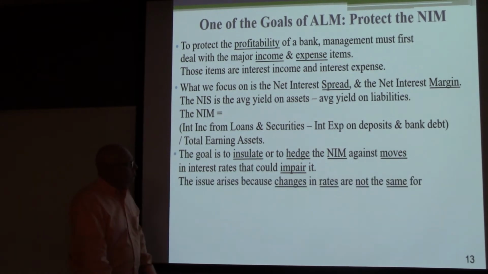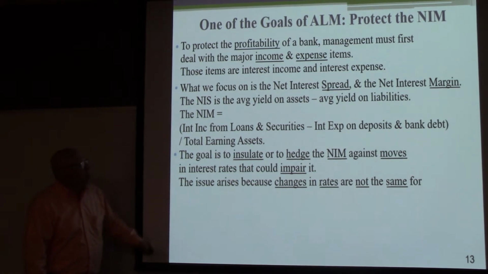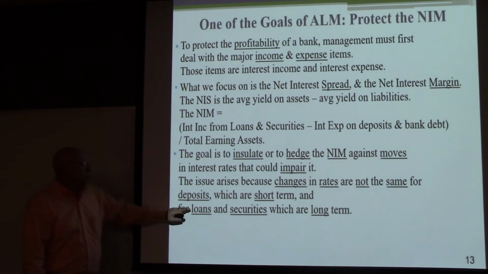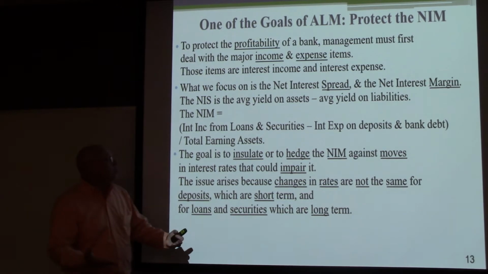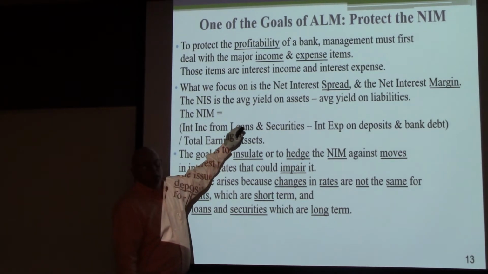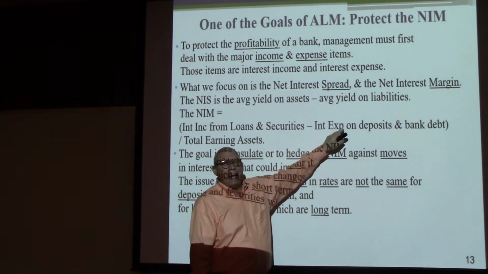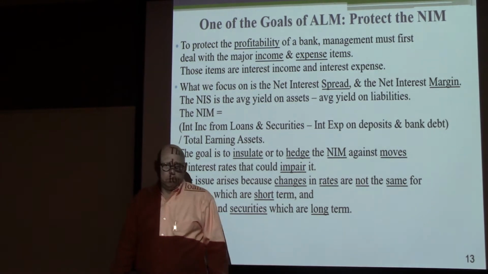All right. So the issue arises because changes in interest rates are not the same for deposits, which are short-term, and for loans and securities, which are long-term. So often, when interest rates change, they'll change at one speed for your loans and securities, but at a different speed for your deposits.